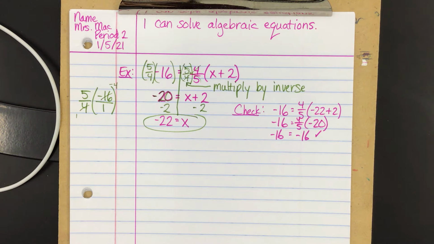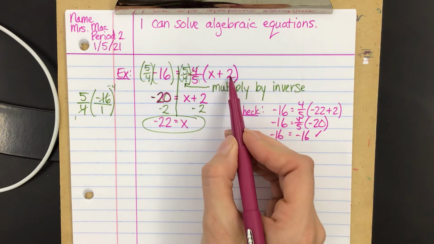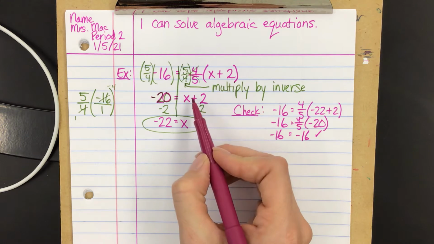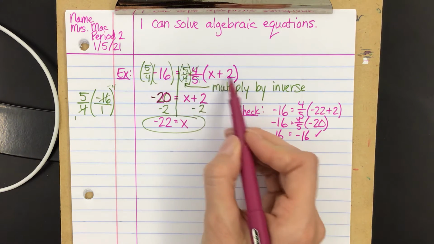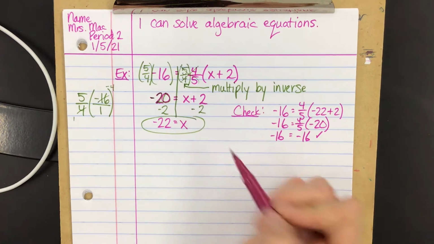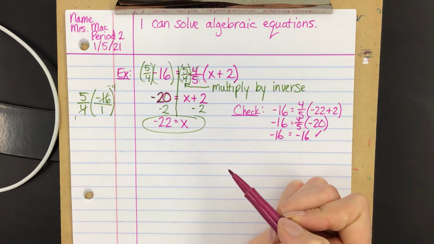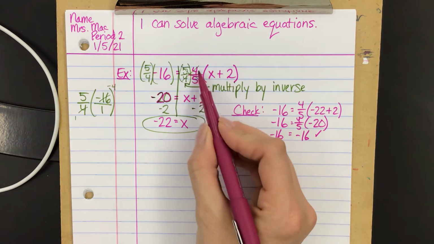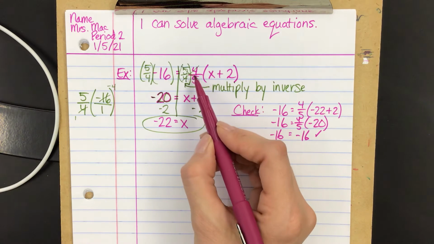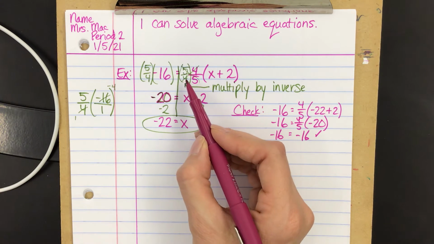Yes? Because that's what was in the parentheses here. And once I got rid of this, I still had the grouping there. So I just brought it down. Wait, how did you get rid of the fraction? How did I get rid of this right here? Yeah. I multiplied by the multiplicative inverse.